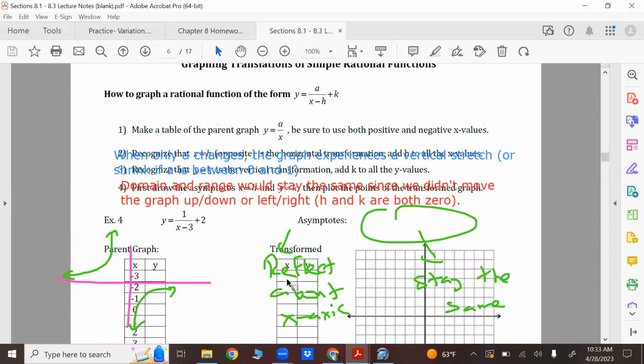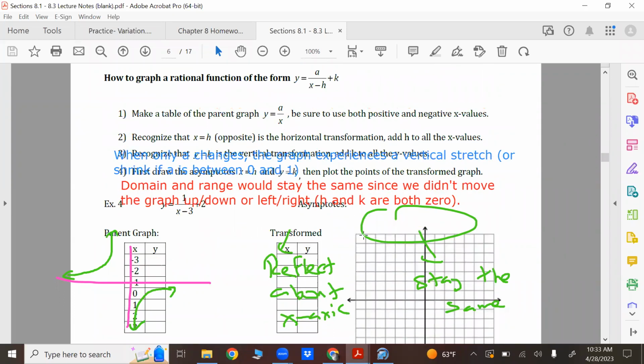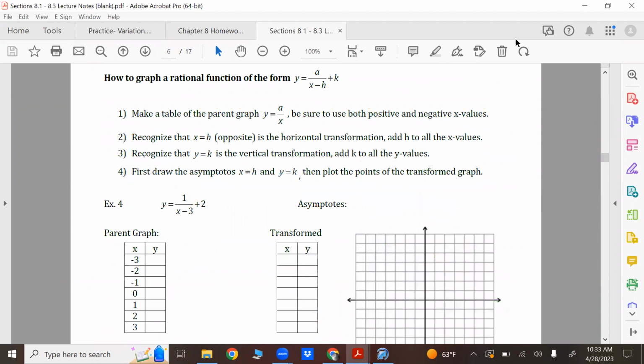Okay. Now let's actually do some major transformations. So you have your parent function, which is a over x, or I call it 1 over x. You have h, which is the horizontal shift, k, which is the vertical shift. You guys know this by now. And the asymptotes will be h and k. So actually, in this case, h is going to be the vertical asymptote.